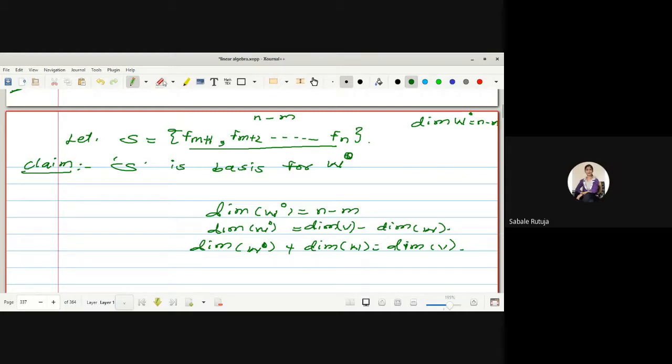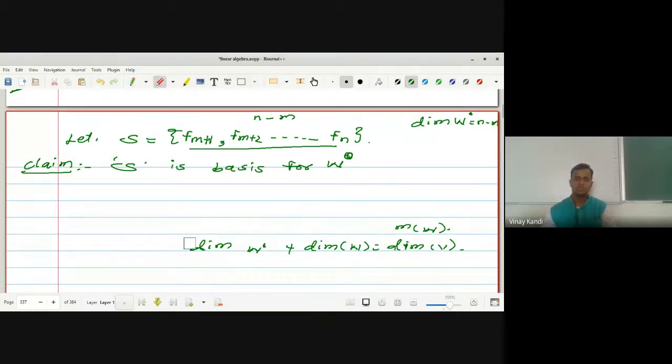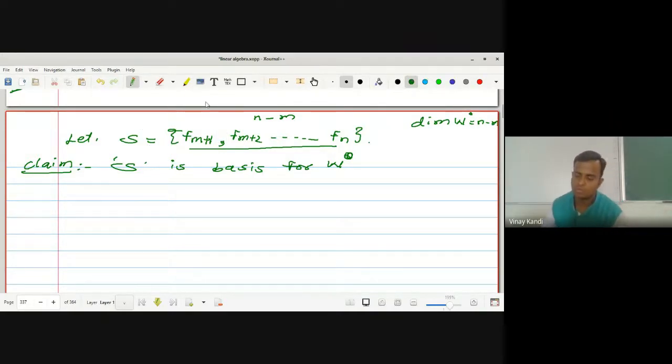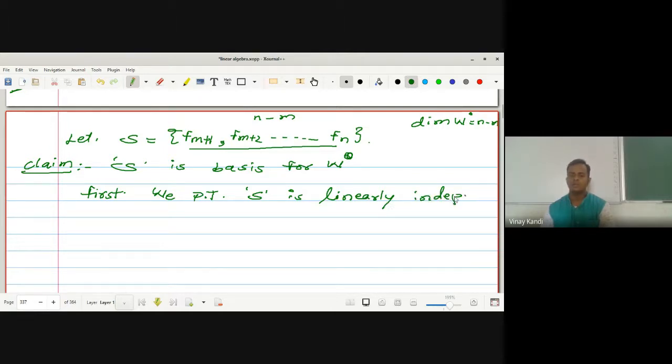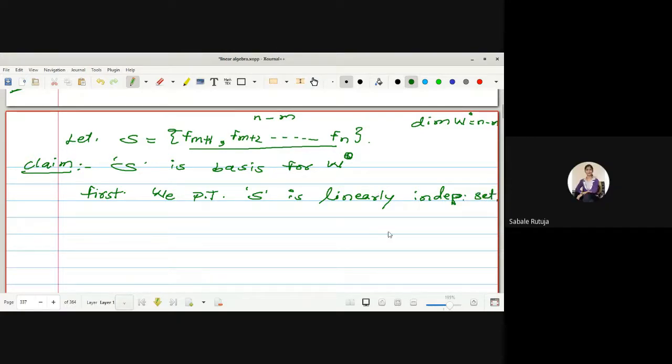To prove that S is the basis for the annihilator of W, first we have to prove that this set is linearly independent. Why? Because B star is the basis for V star, and f(m+1) onwards comes in B star.